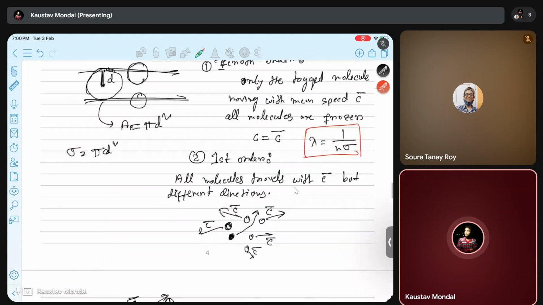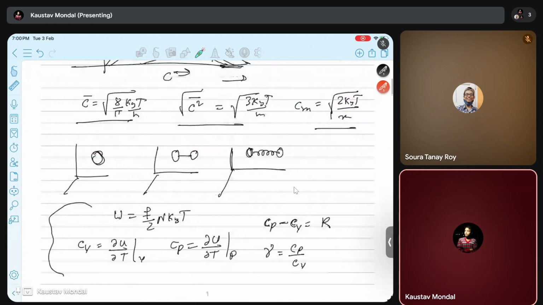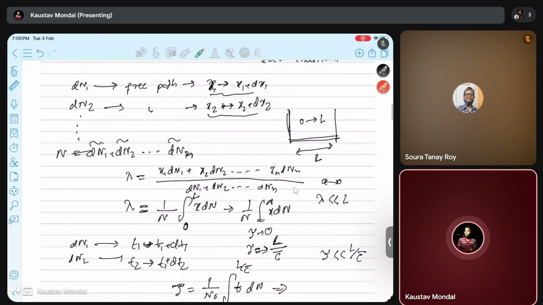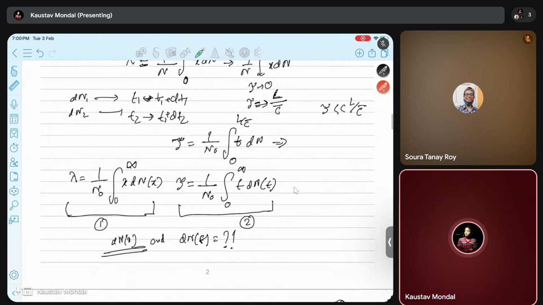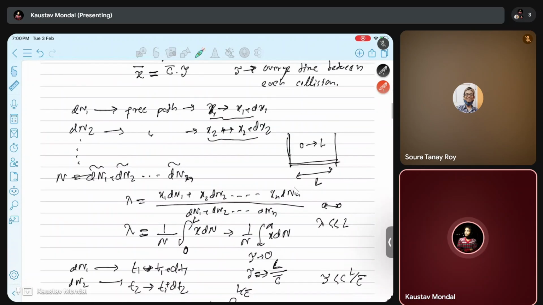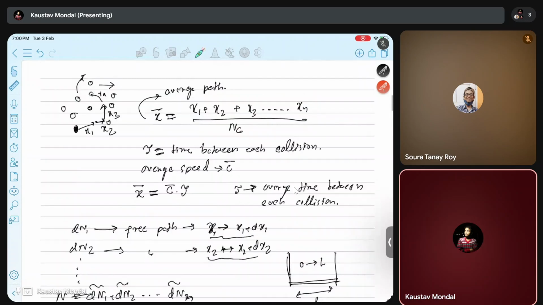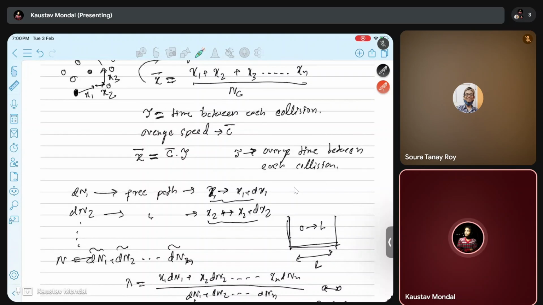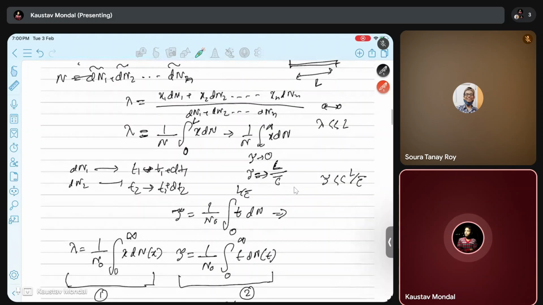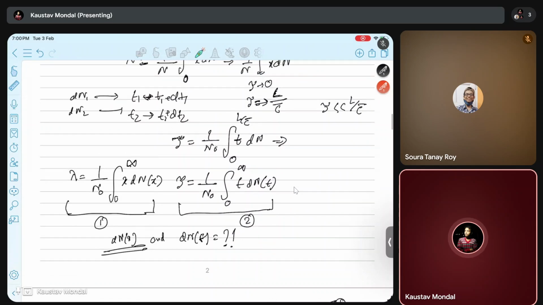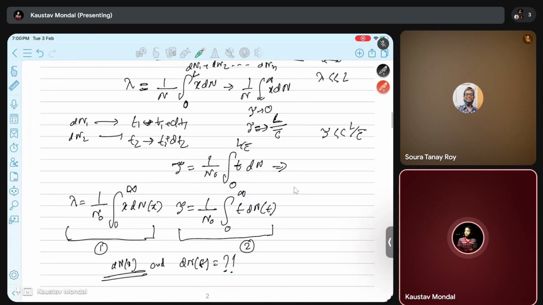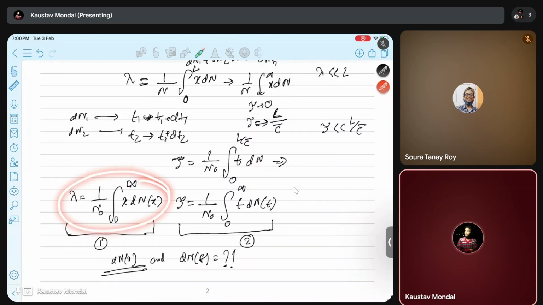So far, let me give you a summary of what we have discussed. We started from the mean free path of the gas, the expression of lambda. We first developed the integral form of the mean free path of gas.